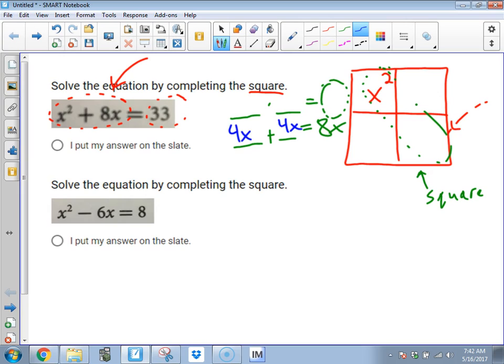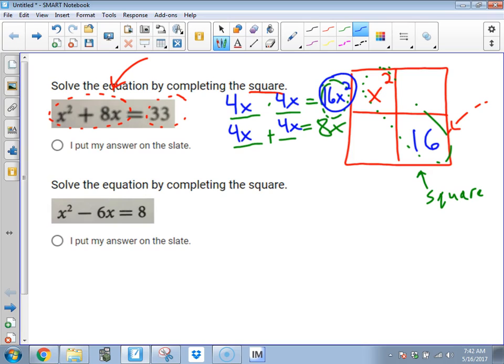Now this helps me figure out the rest of this puzzle. Now I know this must be 4x and 4x. I'm kind of backing up here now. I know that this is the multiplication of x squared and this number, so now I know this is 16.